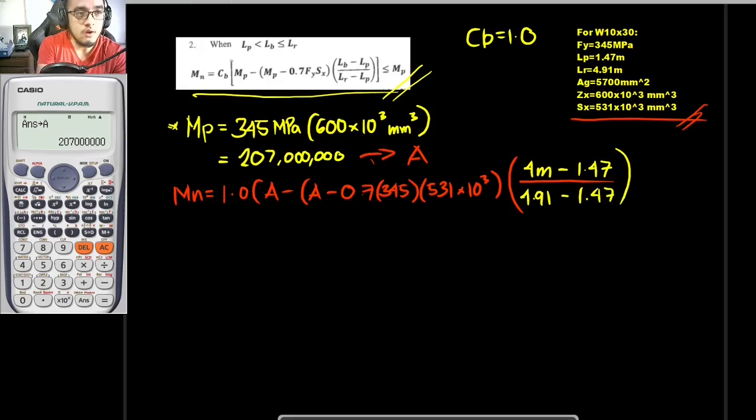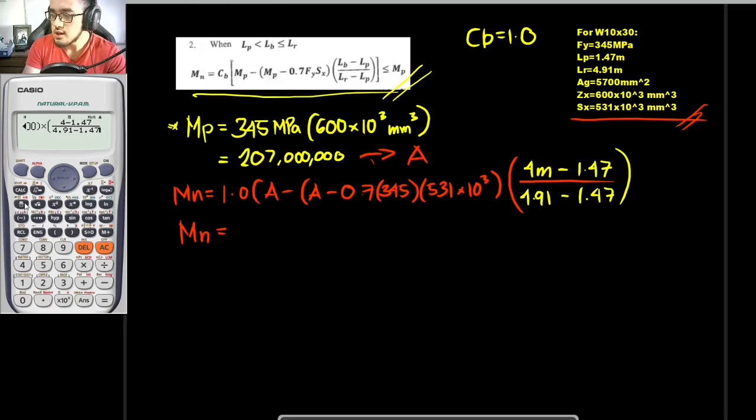So solving for this equation, we would have a nominal flexural moment of A minus 0.7 times 345 times 531 times 1000, closing parenthesis, times the ratio of our lengths, which is 4 minus 1.47 divided by 4.91 minus 1.47.